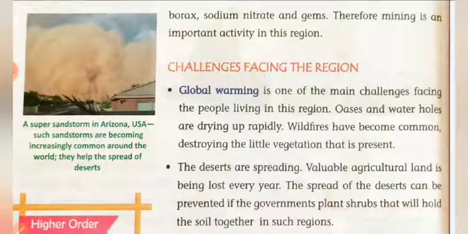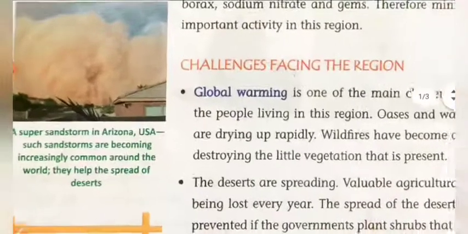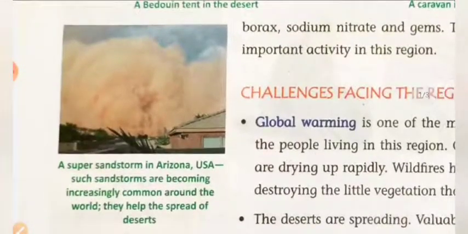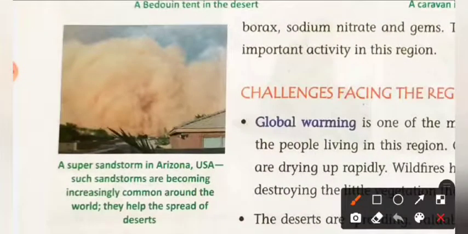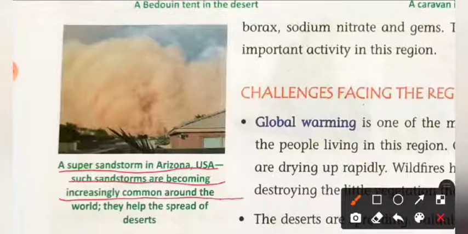So various lands are decreasing due to the increase of desert. Like here a picture is given, a super sandstorm in Arizona in USA. Such sandstorms are becoming increasingly common around the world. They help spread desert.